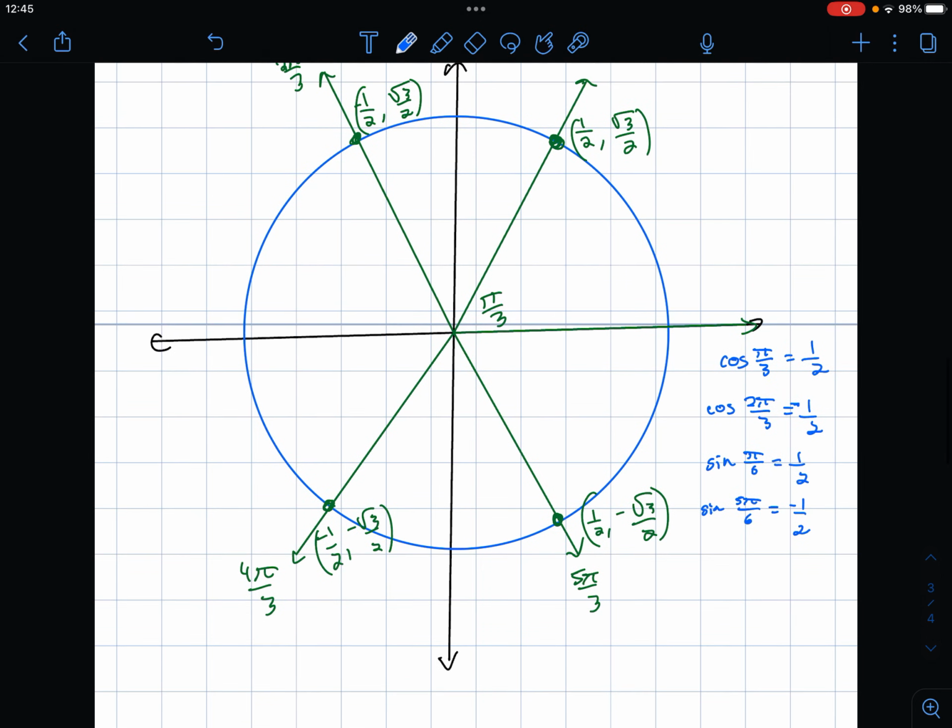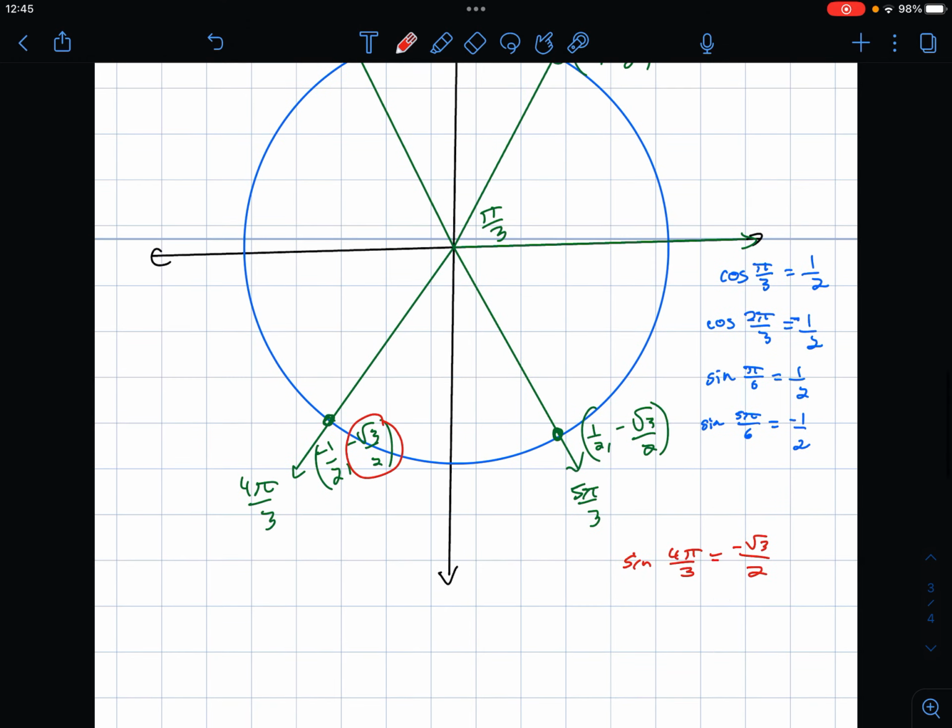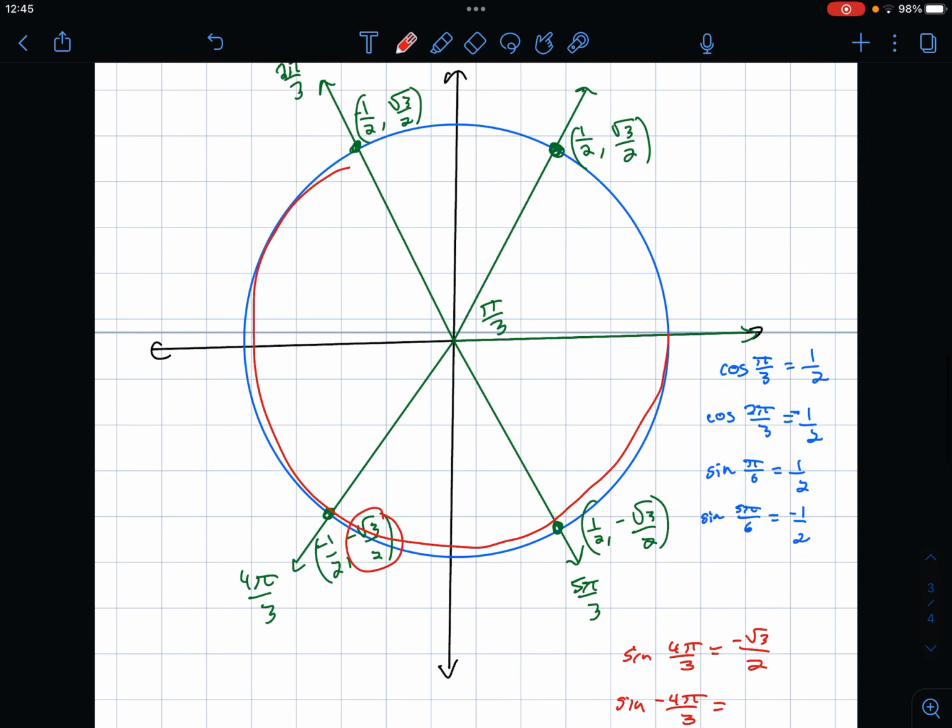Yeah, and maybe a couple other examples I could do, like if I wanted to calculate the sine of 4 pi/3, well, I can see here that it must be the y-coordinate, -√3/2, because it's, well, basically everything we've done. If I wanted to do a more interesting one, sine of -4 pi/3, so now I'm starting here, -4 pi/3 is going to bring me back this way.